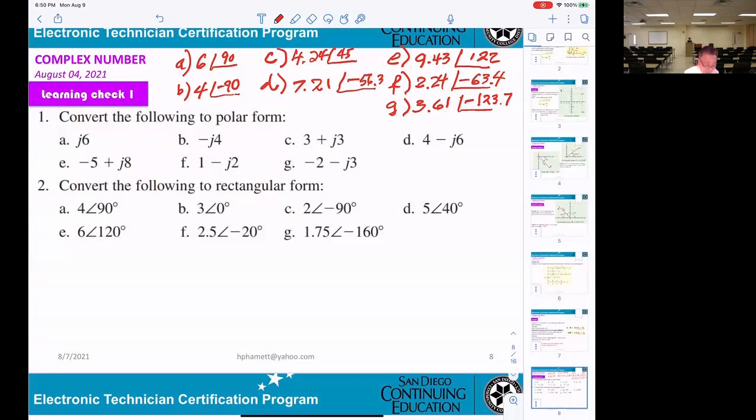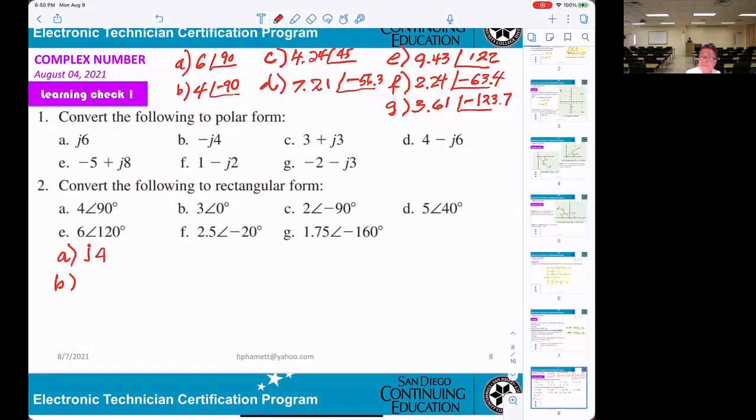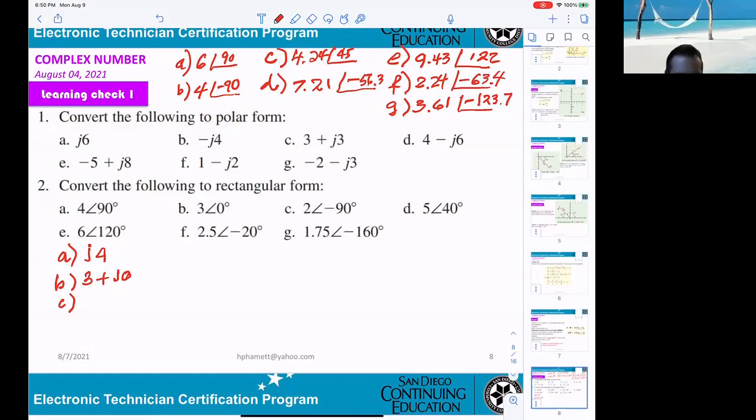A will be J4. B is 3. B will be 3 plus J0. Minus J2.